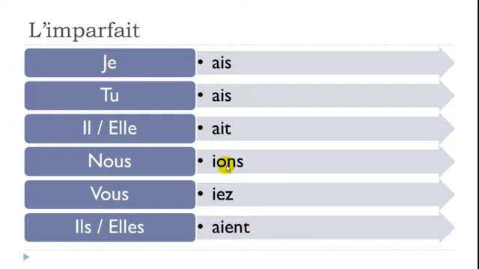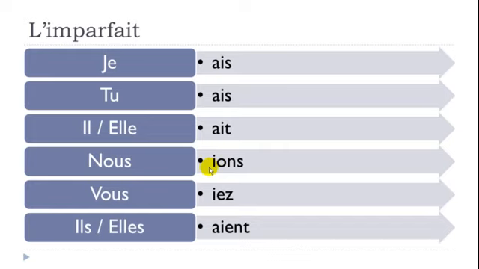Okay, and then for nous, so if you remember correctly, final S is not pronounced here. Okay, and then this O-N, it's a nasal and it goes in your nose and it goes like on. All right, so you don't hear any N, so it's really on. Okay, when you add this I before, you will get the y sound.